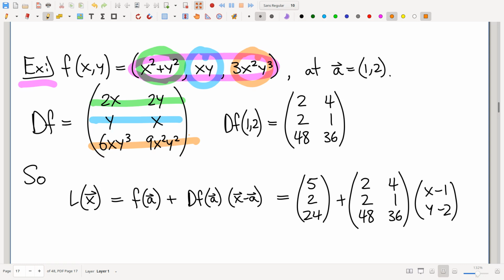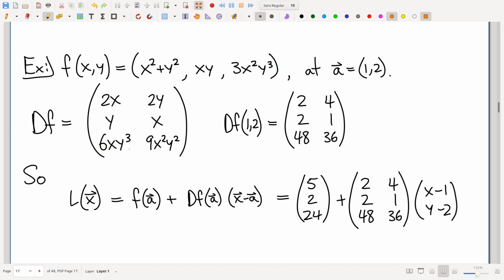Okay. If it helps, and everybody's different, remember that a comma means new line. Typographically, sure, I wrote this horizontally, but the commas are actually an indication that this is a vertical list. So this is a vertical vector. It's a column vector because of the commas.